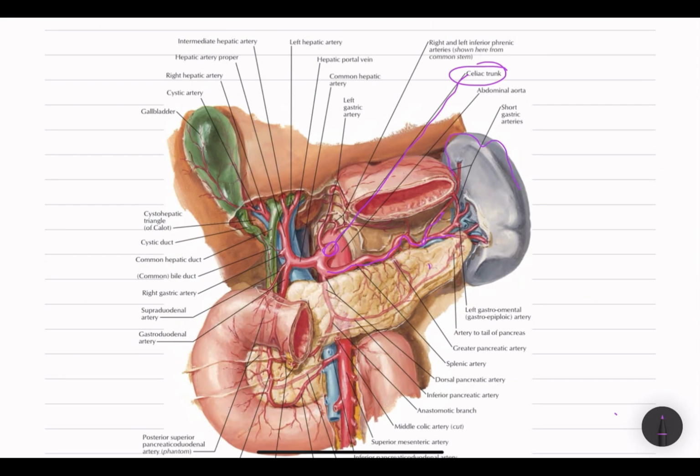So this structure is the spleen, and where this artery enters at this point, I told you before, is the hilum of the spleen.